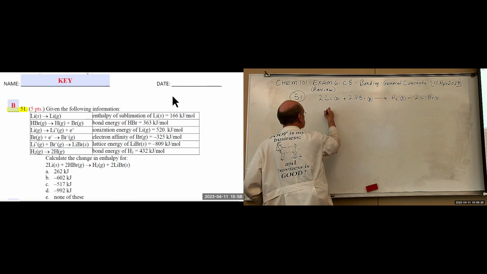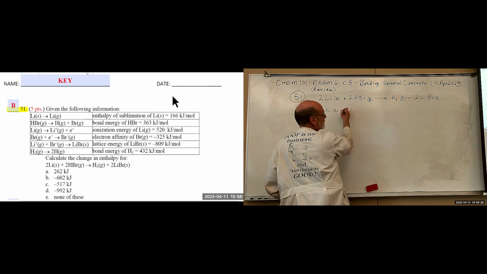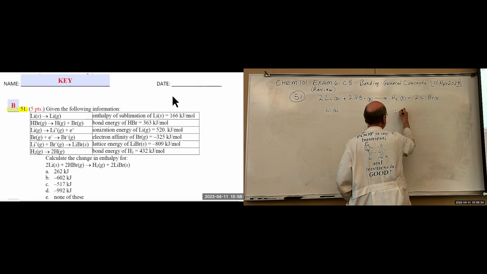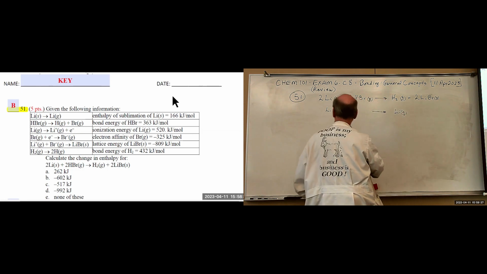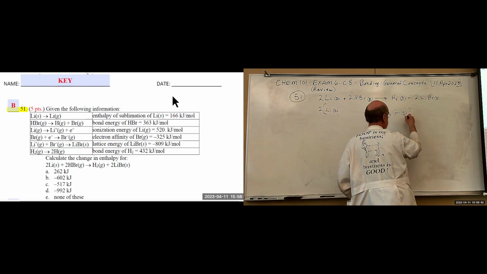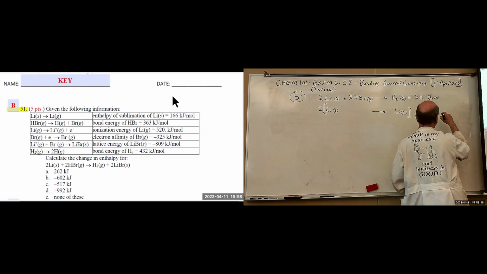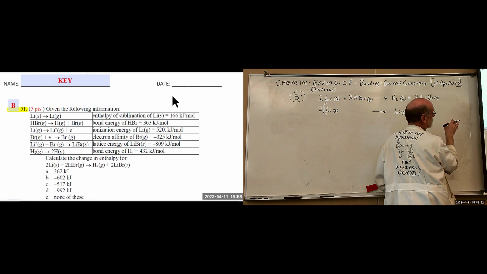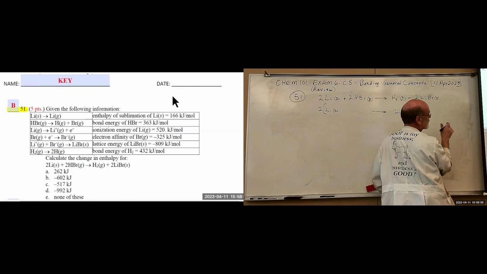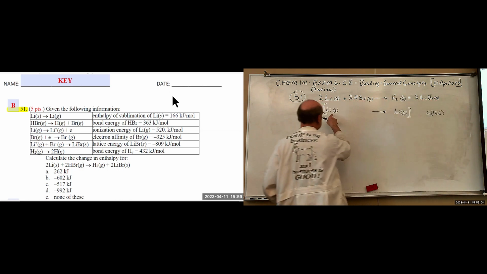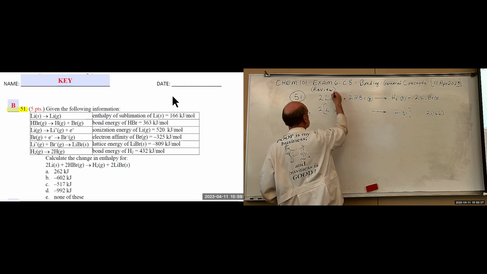If we do lithium solid yields, I'm going to try to keep these arrows lined up, lithium gas, that puts lithium on the correct side, but we need 2 times that. The enthalpy for that particular process is 166 kilojoules per mole. So 166 times 2 gives us this one. And that takes care of those 2.